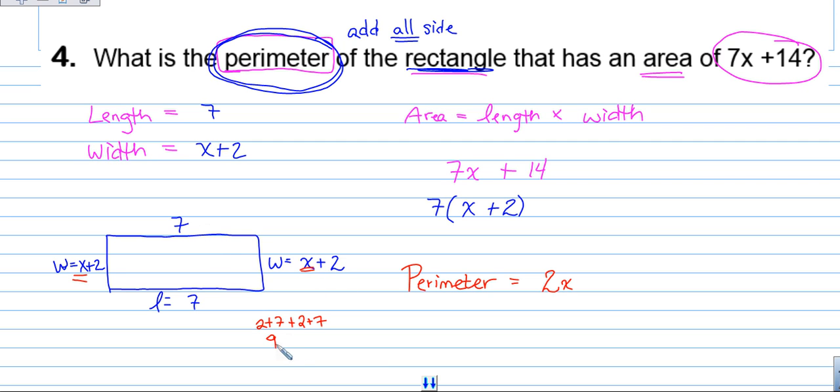So that gives me 9 plus 2 plus 7, which is 11 plus 7, which is 18. So you get 2x plus 18. Okay? And that becomes my perimeter, and that's what the question's asking for.